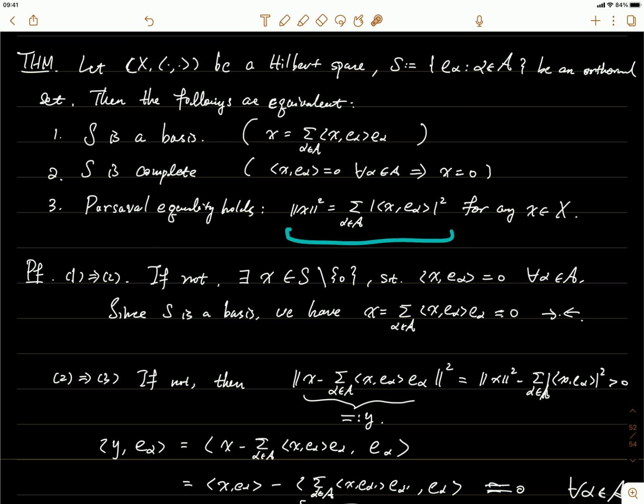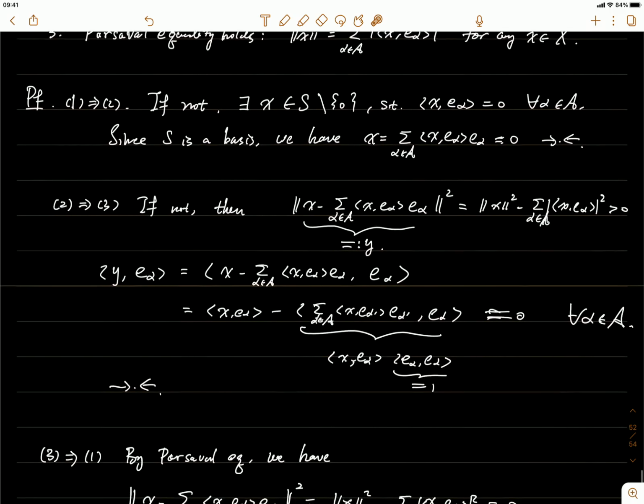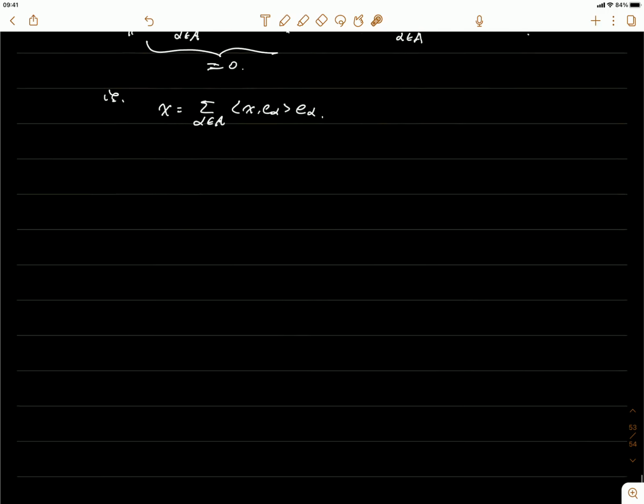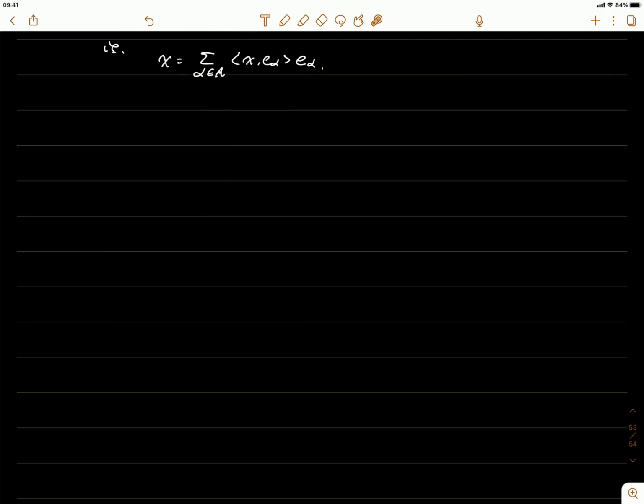If this holds, then this also means that S is a basis. But remember that S itself could be uncountable. It could have uncountably many elements. But when you take the inner product of any fixed x with those basis elements, at most countably many of them could be non-zero.